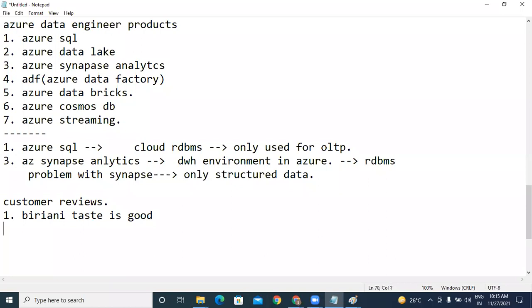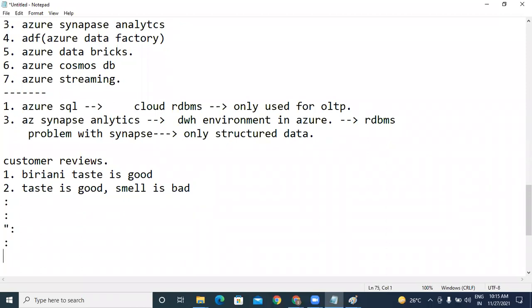Positive. The second customer is saying something good, something bad, but finally there is more negativity. In this way, 1,000 customers have commented in their own different styles.